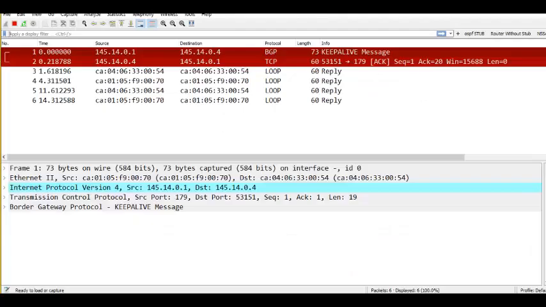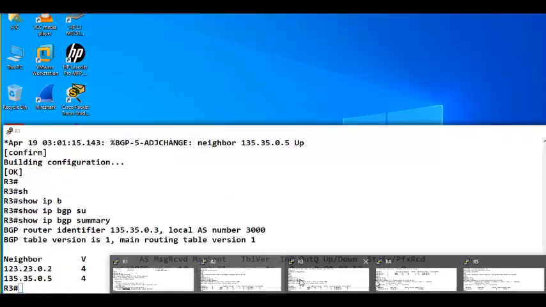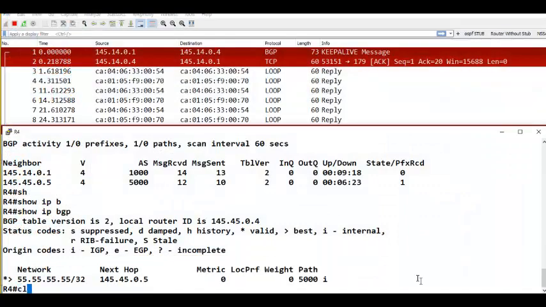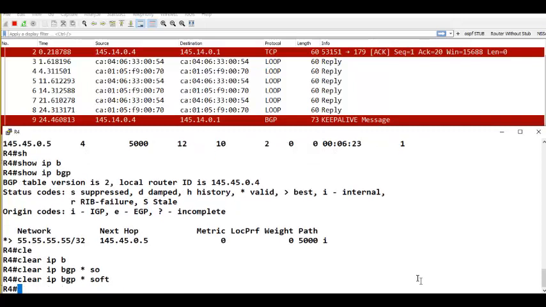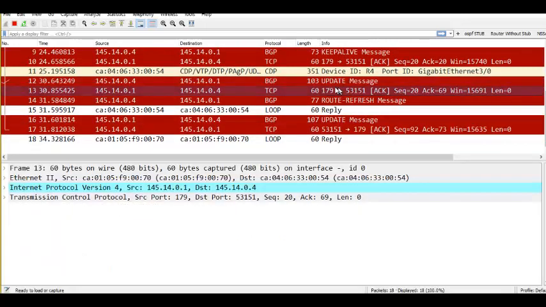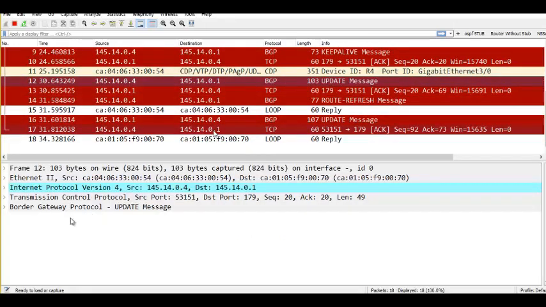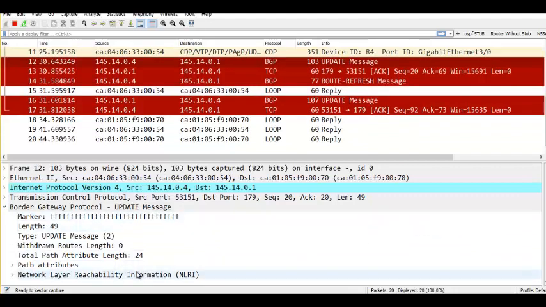So now I'm going to generate some update by refreshing BGP on router 4. Clear IP BGP. You see there is an update message coming from router 4 to 1. See, this is the update message coming from 4 to 1. And now see the path attribute.